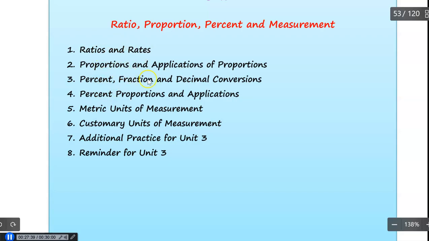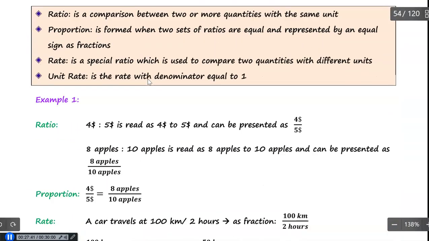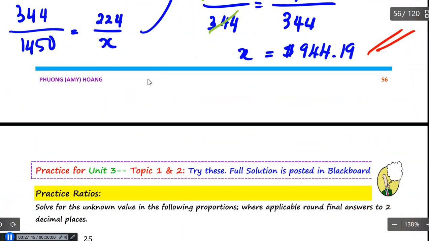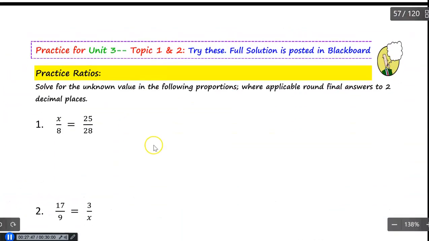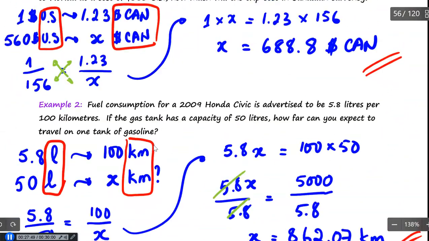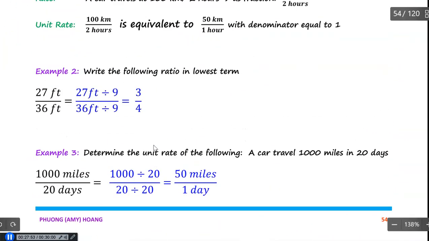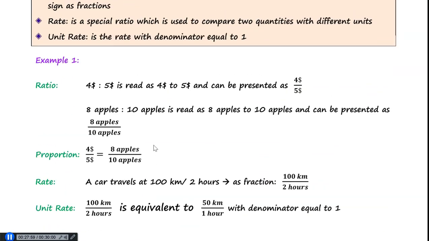That's why after topics 1 and 2, I have an exercise for everyone to work on. Please work on this to master the concept of ratio and proportion, because in the next lesson we are going to learn about percent, and percent is out of 100, and it's slightly different from what we are learning now.